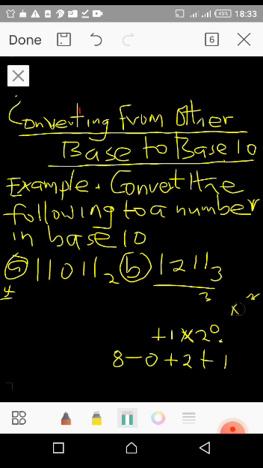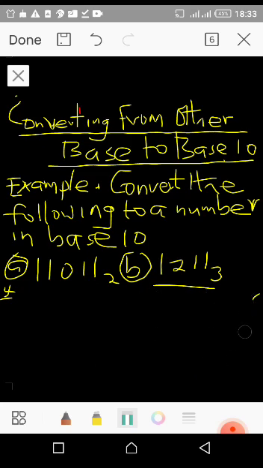Now let's work on this. I'm solving part B now. I have 1211.